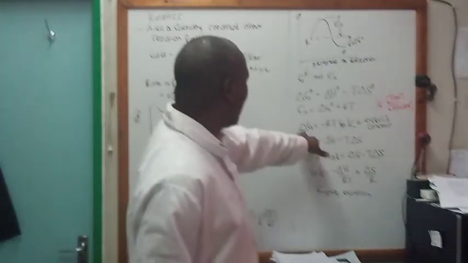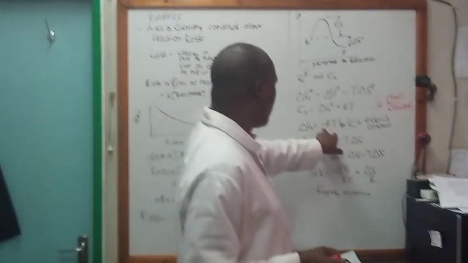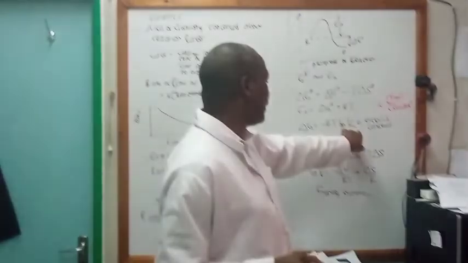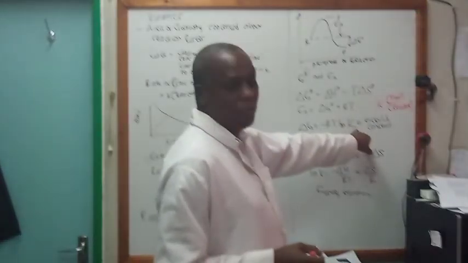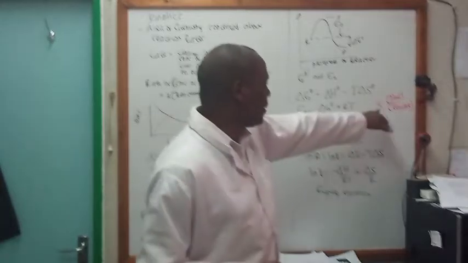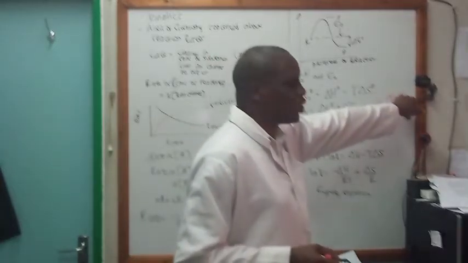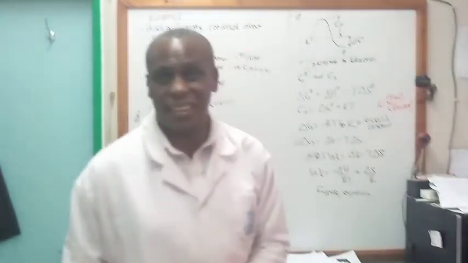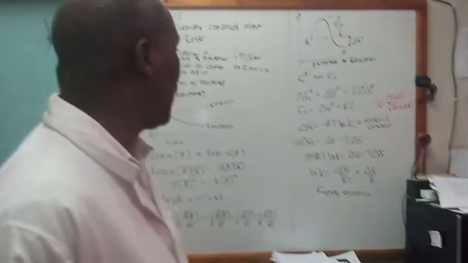But delta G is given by minus RT log base e, or natural log, of the equilibrium constant. And the equilibrium constant can be determined by the concentration of the products over the concentration of the reactants, isn't it?